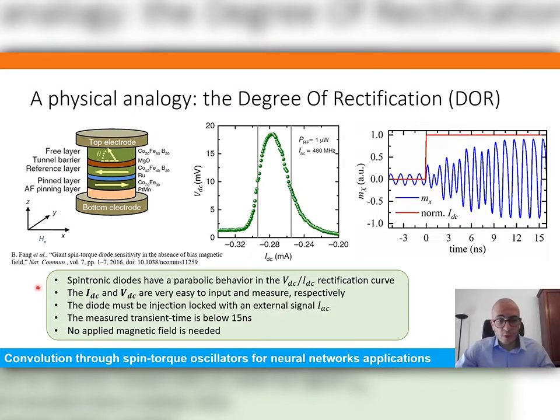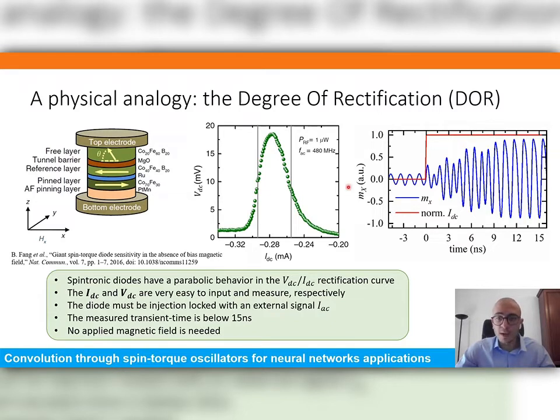To work properly, the diode must be injection locked with an external signal, an external current signal. So, comparing to the previous case, previously we needed two oscillators that are frequency locked, and here instead we only need one spintronic oscillator, one spintronic diode that is injection locked with an external current signal.